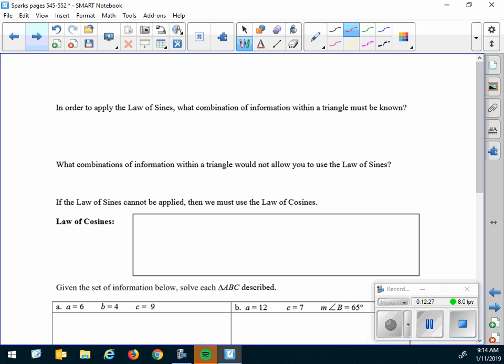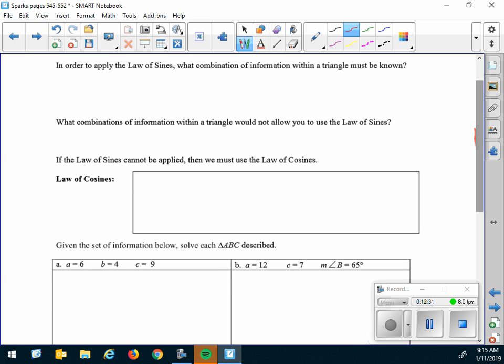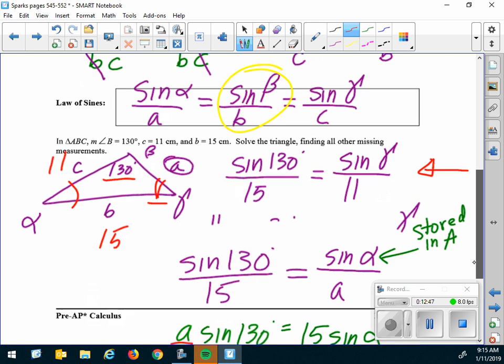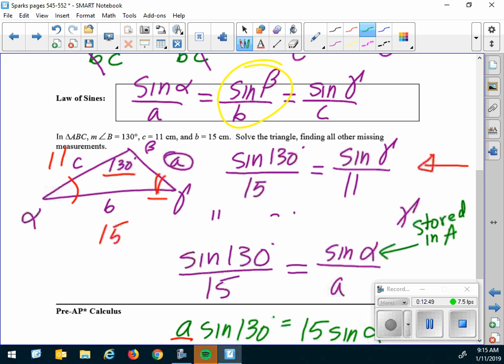Now, I want you to take a look here. You need to make sure that you know what we're getting ready to say right here. In order to apply the law of sines, what combination of information do you have to know? You have to know an angle and its opposite side. If you don't know an angle and its opposite side, you cannot do law of sines.